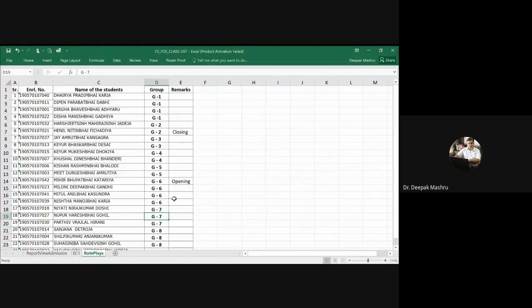Okay, so look at this. This is group 1, enrollment numbers 40, 11, 1, and 22. So this would be the first group.